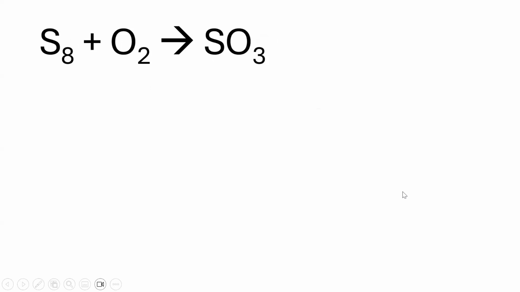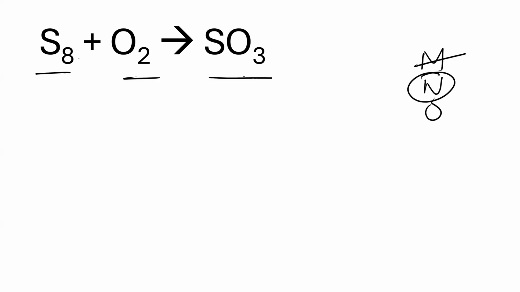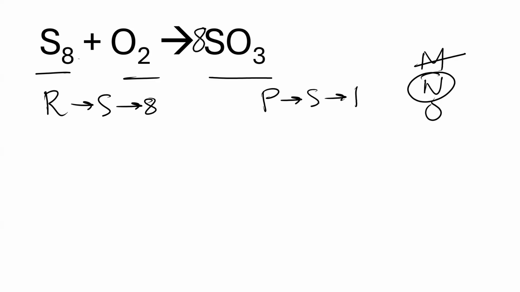For today, our last example is sulfur plus oxygen to form sulfur trioxide. So you have S8 plus O2 forming SO3. MNO technique: no metals, and the non-metal other than oxygen and hydrogen is sulfur. On the reactant side, sulfur is 8. On the product side, sulfur is 1. So we place 8 on the SO3, which makes it 8.